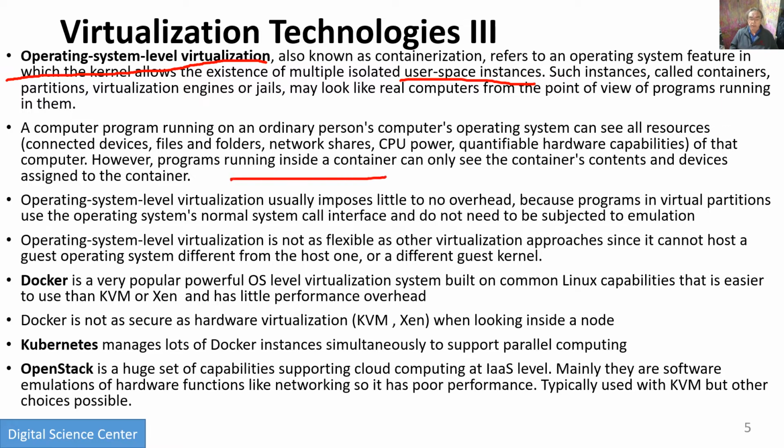So when you're running in a container, you see the contents of the container and the devices assigned to the container. And there's almost no overhead because you're running on the real hardware with the real OS. It's just that the real OS has the necessary technology to support multiple containers. Now you still have a single OS in this case, whereas in the guest cases, the guest has the OS, and that OS can be different for each virtual machine.